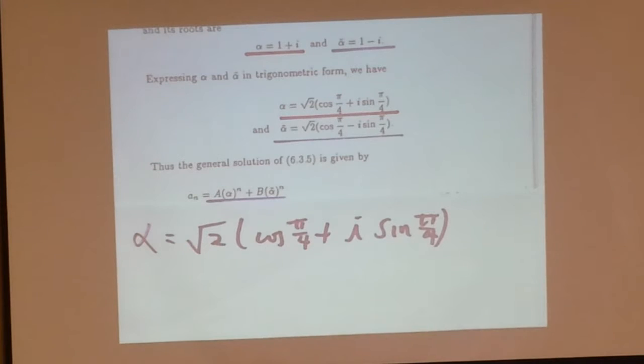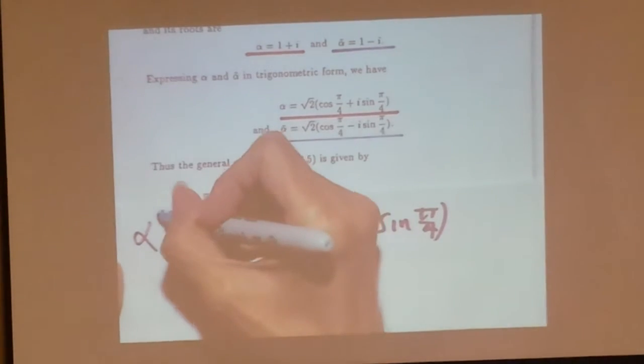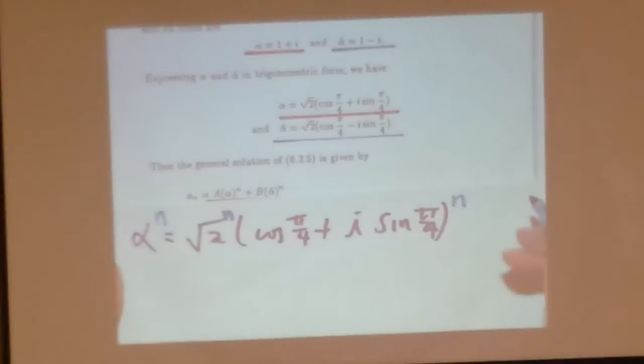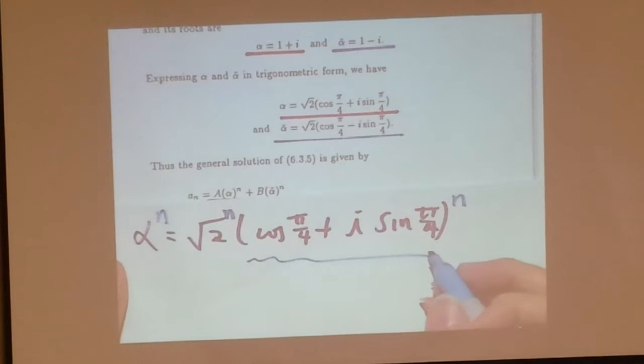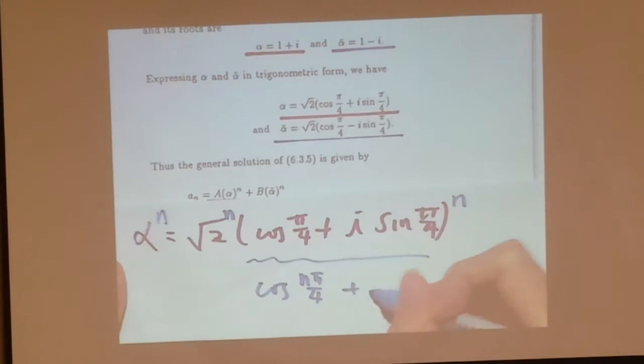If you consider also power n, then here is the power n, here is the power n. Then this part is cosine n pi over 4 plus I sine n pi over 4.